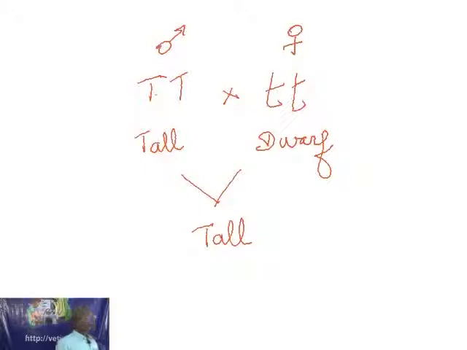Okay. Now you see what happens when Mendel was explaining about this transmission of the character from one generation to another generation. He is going to explain that factors are responsible for that. Each and every character is controlled by a pair of factors.